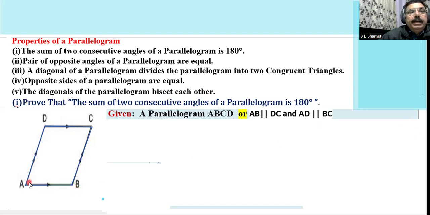हमें ये प्रूव करना है: एंगल A प्लस B, देयर सम इज 180 डिग्री, B प्लस C ये भी कंसेक्यूटिव इंटीरियर एंगल्स हैं, सो दैट इज आल्सो 180 डिग्री, C प्लस D 180 डिग्री, D प्लस A 180 डिग्री.